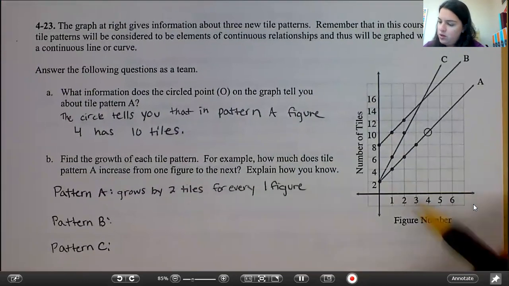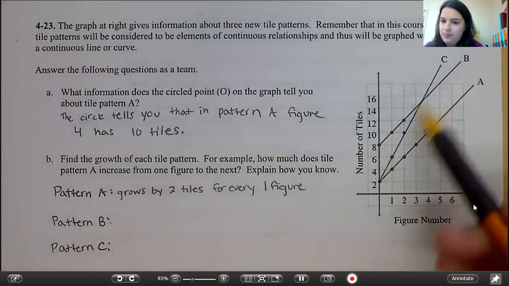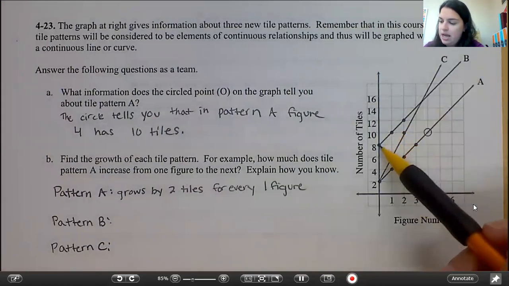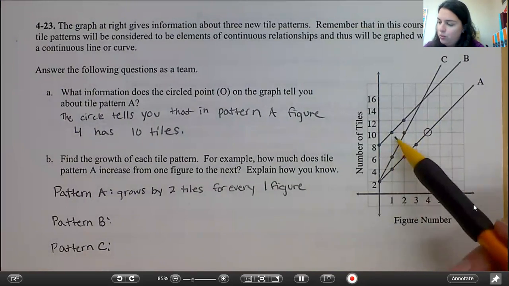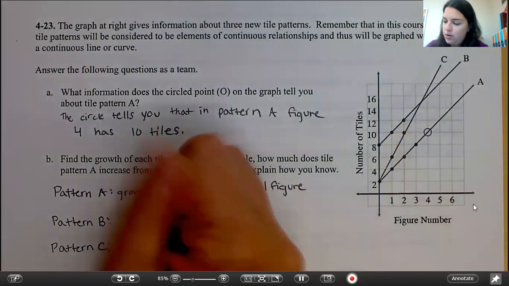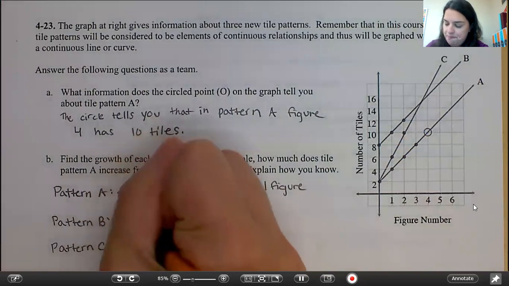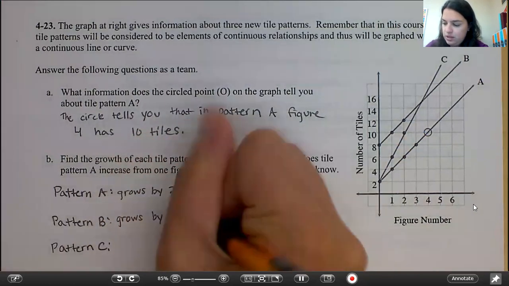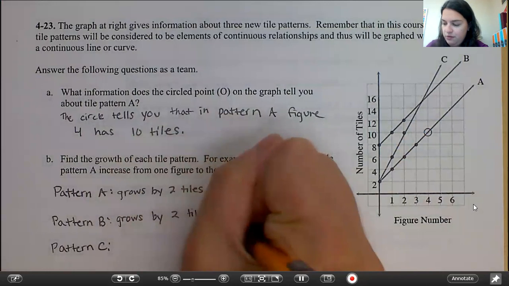Pattern B. So we know for pattern B, here's our line, that at tile pattern 0, we have 8 tiles. Tile pattern 1, we have 10 tiles. Tile pattern 2, we have 12 tiles. Again, we are growing by 2 tiles for every 1 figure.